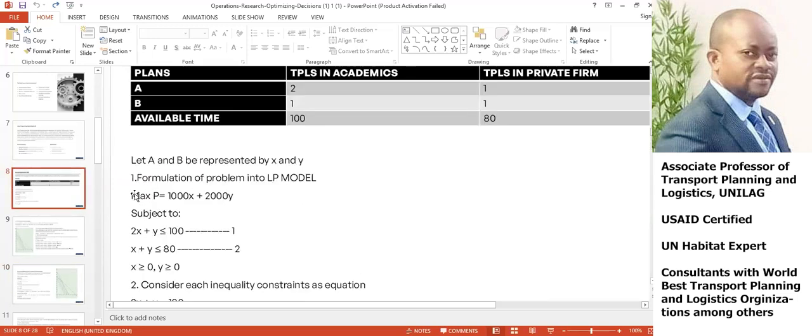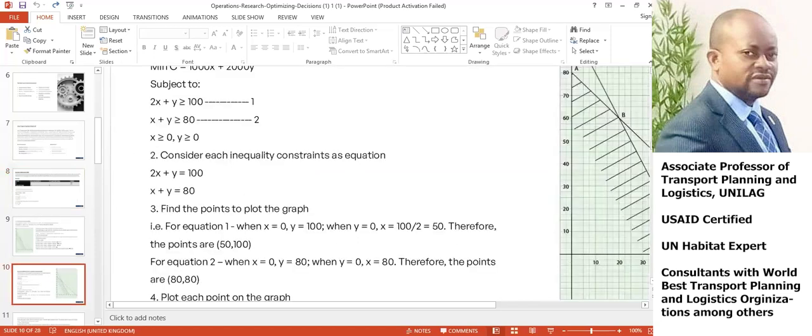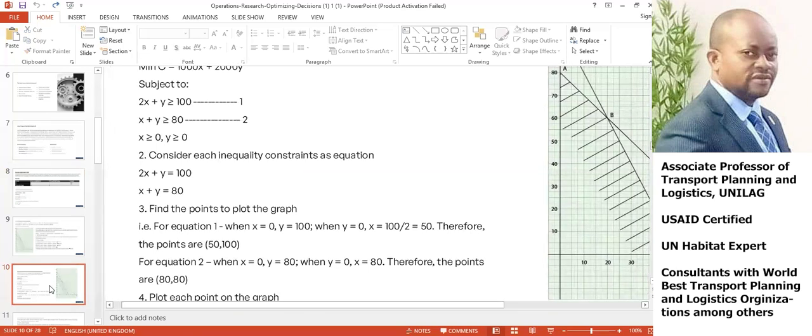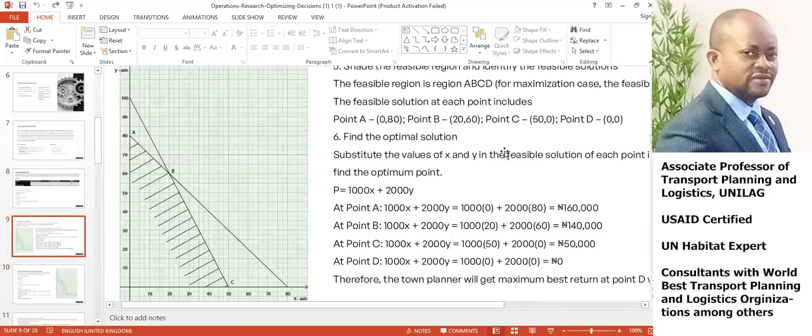Have you written this? Let's quickly go to the application points. Can you see this?